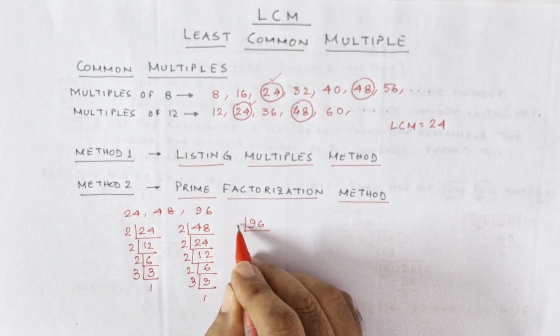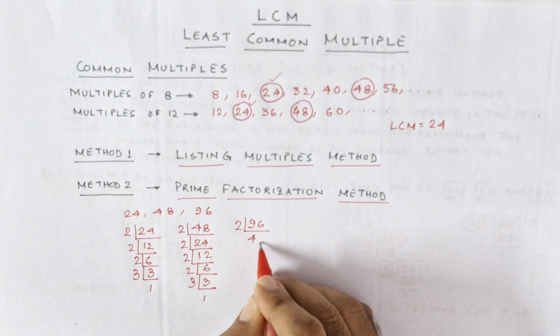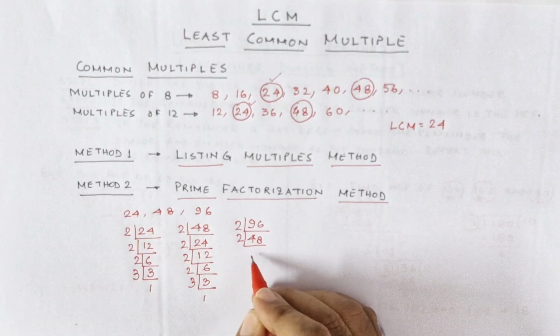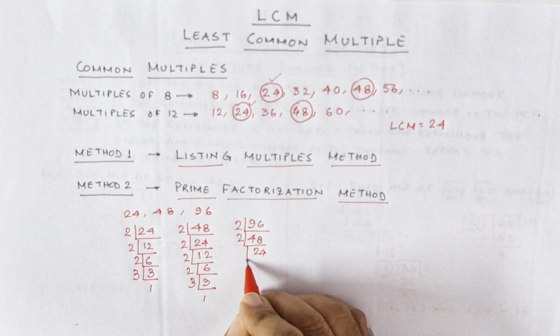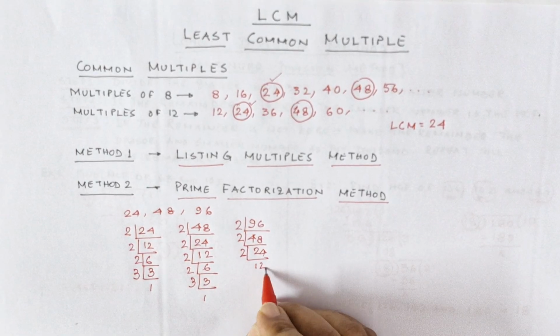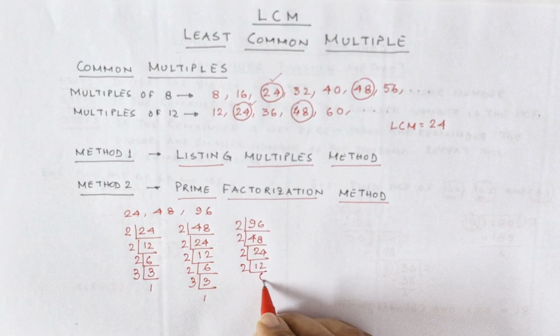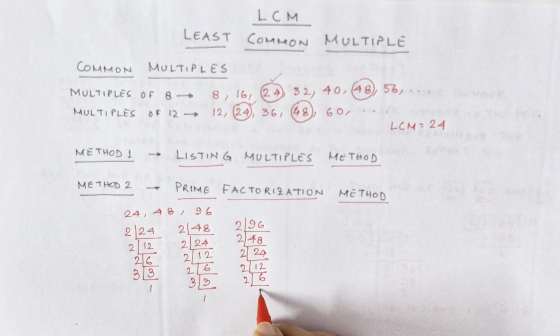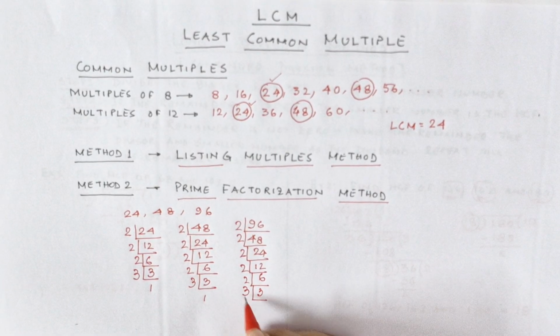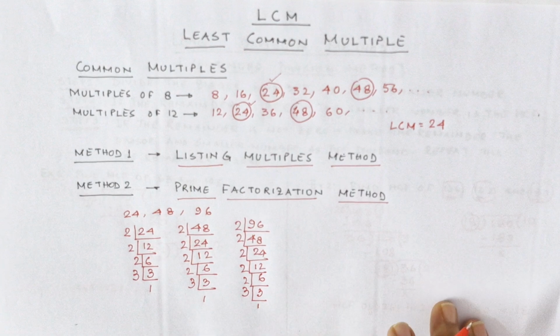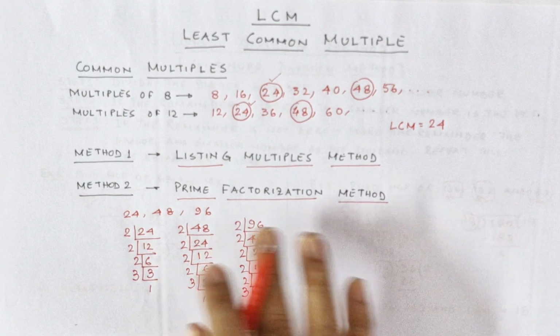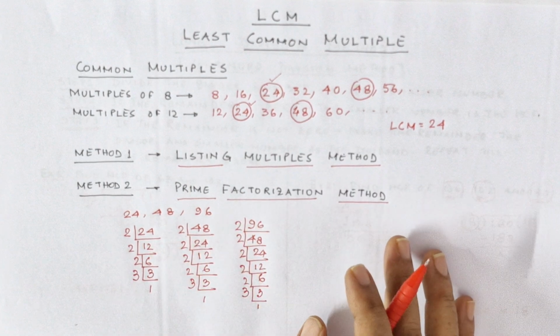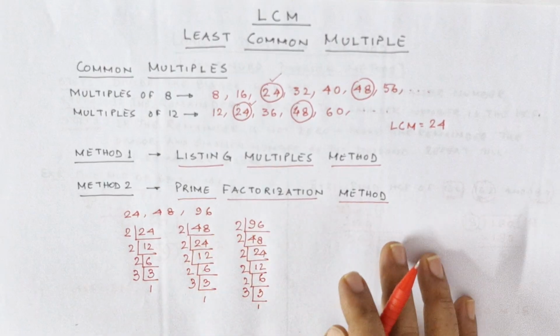For 96, it's 2 48s are 96, 2 24s are 48, 2 12s are 24, 2 6s are 12, 2 3s are 6, and 3 1s are 3. Got it?